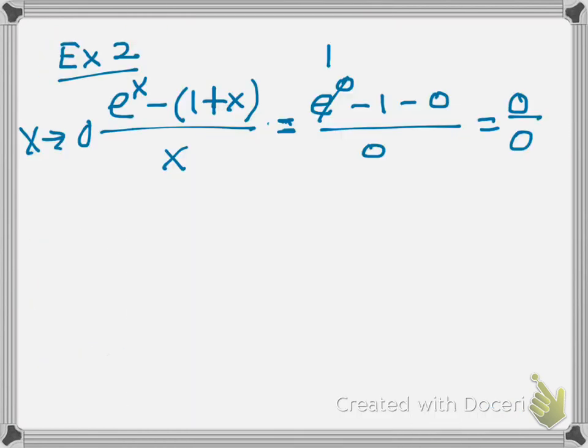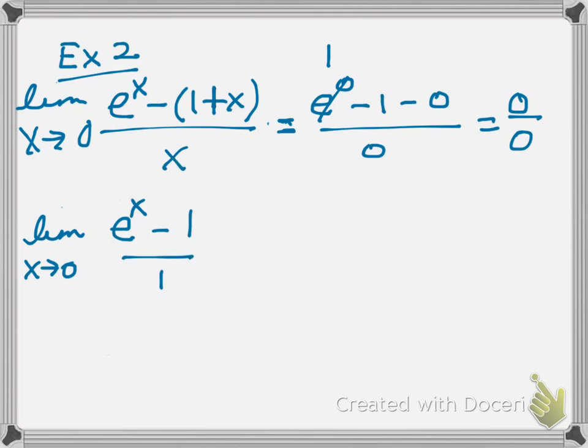So I can use L'Hopital's rule by taking the derivative of the numerator and the derivative of the denominator. So now I'm doing the limit as x approaches 0, and the derivative of e to the x is simply e to the x. And the derivative of negative 1 would be 0, so I don't worry about that. The derivative of negative x, that's a negative x if you distribute, would be a negative 1. And the derivative of x would be 1.